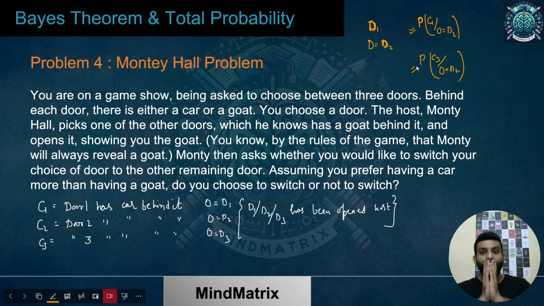If the probability of getting a car behind C3 is higher, given that the door opened was D2, then you will pick that up. Now we will calculate this probability and we will get the answer: shall we switch the opinion or shall we keep the same thing?